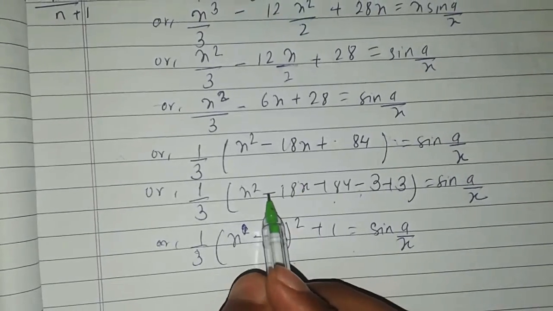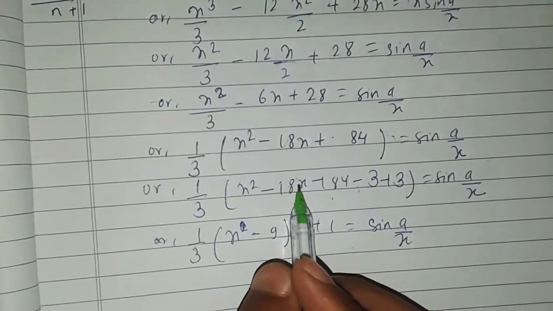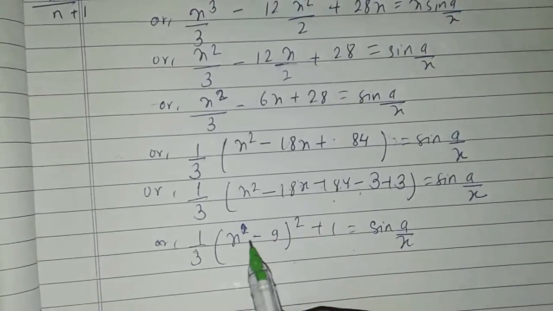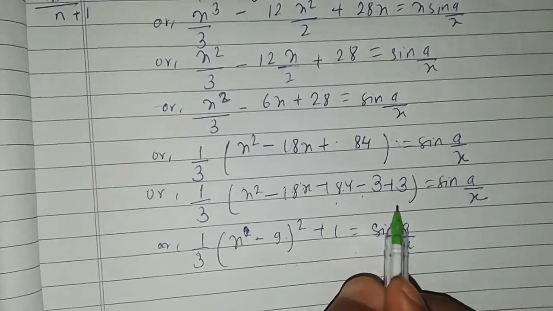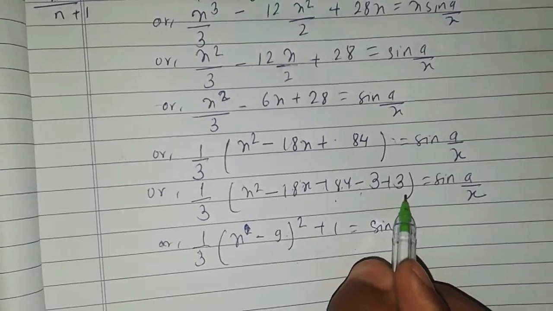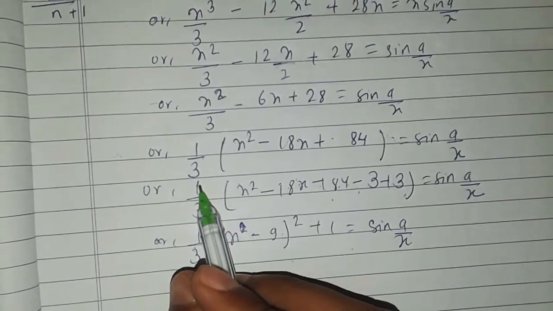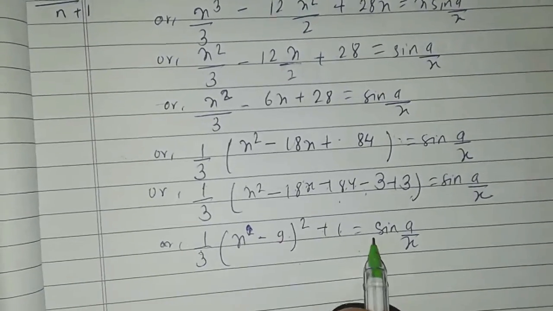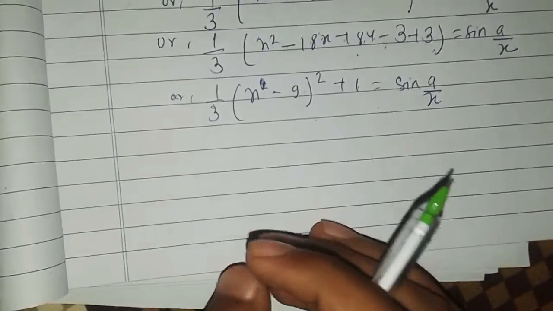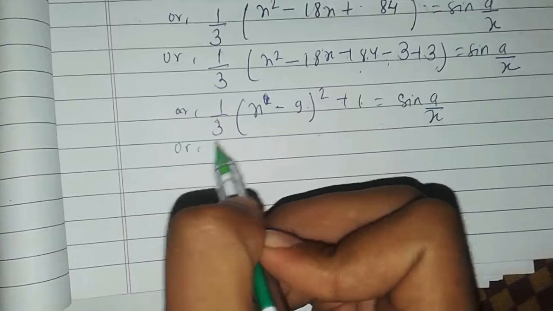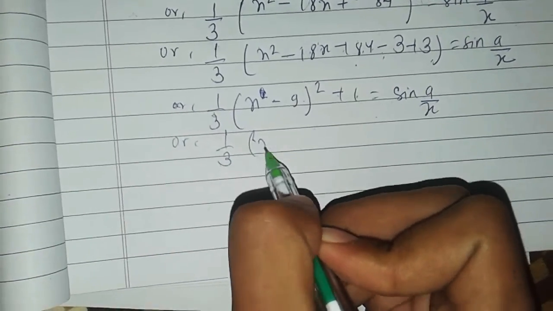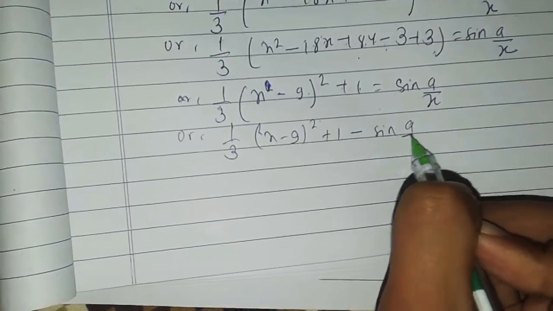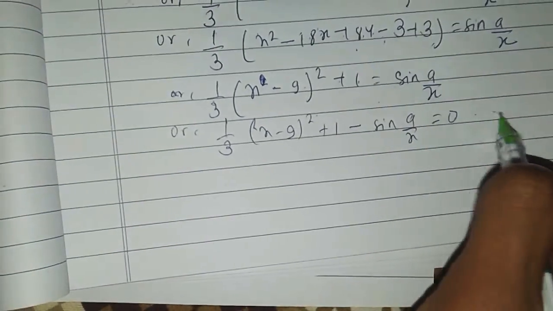So x square minus 2 into x into 9 plus 9 square will be x minus 9 whole square, while the plus 3 goes to the front and multiplies with the 1 by 3, which gives plus 1. So now let us take sine a by x to the front: 1 by 3 of x minus 9 whole square plus 1 minus sine a upon x equals 0, equation 1.